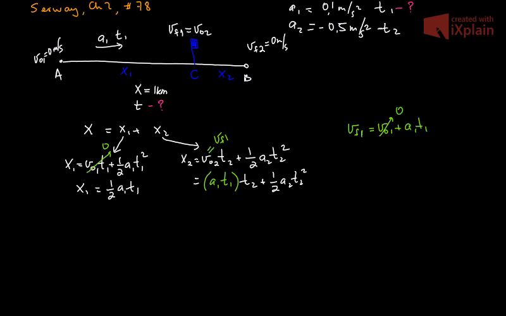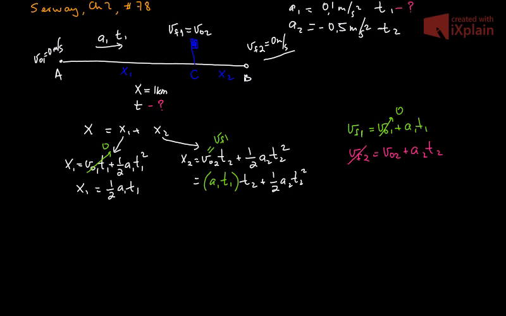Well, let's use v final 2 equals 0. Another kinematics equation: v final 2 equals v initial 2 plus a2 t2.